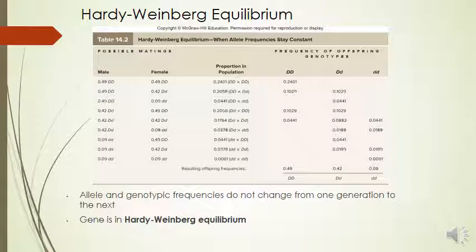In this table, it multiplies the genotype frequency for each possible mating, which leads to offspring in the familiar proportions of 49% homozygous dominant, 42% heterozygous, 9% homozygous recessive. This gene, therefore, is in Hardy-Weinberg equilibrium. The allele and the genotype frequencies do not change from one generation to the next.